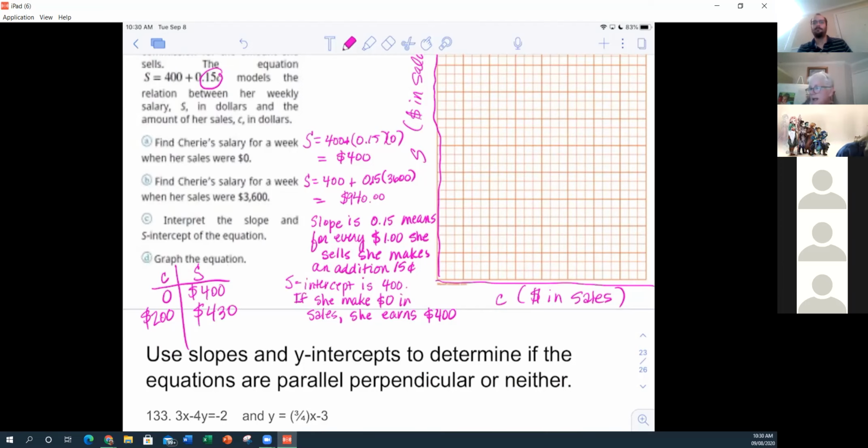Okay, so again, you can decide what you want to do as far as the scale goes. I'm just gonna let it be 50s again, but it doesn't have to be. But you do need to label. You don't want to leave it blank. You need to label the scale so we can see it.